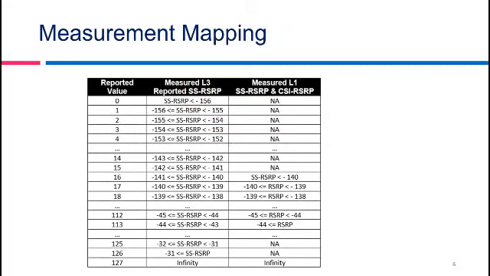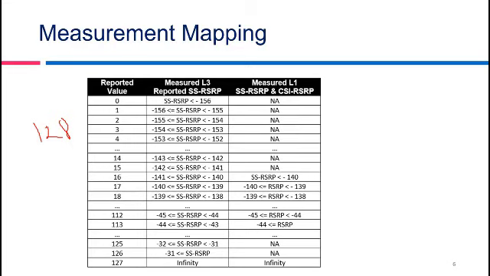Let's now discuss the mapping of the SS-RSRP reported value to the layer 3 or layer 1 SS-RSRP measurements. As we discussed in our previous slide, the reported value has a total of 128 entries, and these 128 values cover the full range of RSRP.